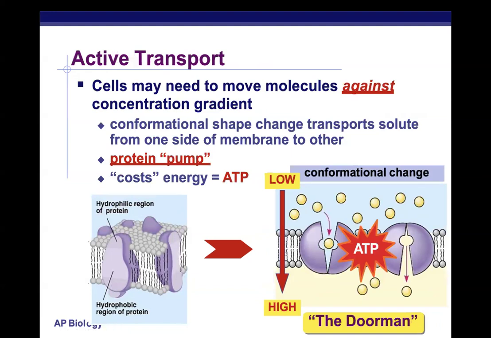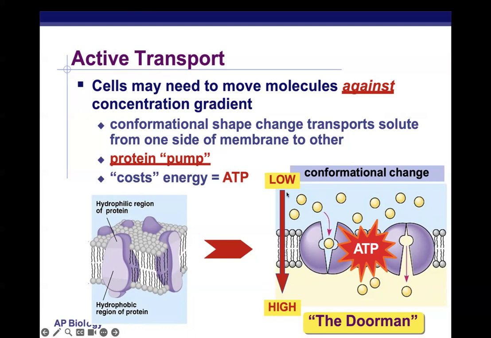Now, there's also another transport mechanism called active transport. Now, if you're active, you have energy. So this type of transport requires energy. And it requires energy because this is how cells move substances against their concentration gradient or in the opposite direction of diffusion, from low to high concentration. And they do that through protein pumps.